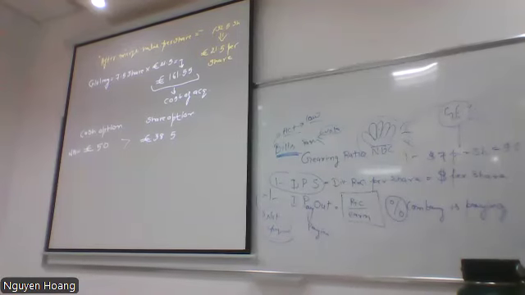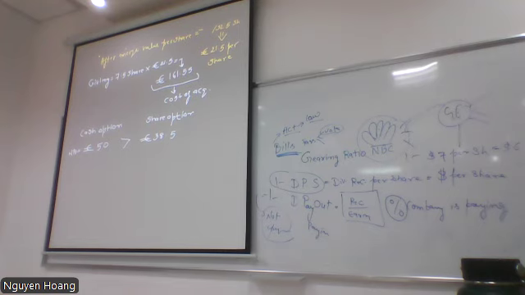For this reason, we select the higher NPV and reject this option. So that's a very clear-cut answer.